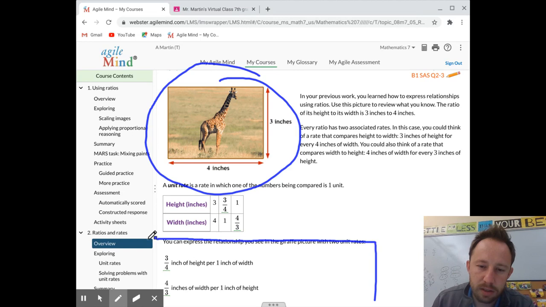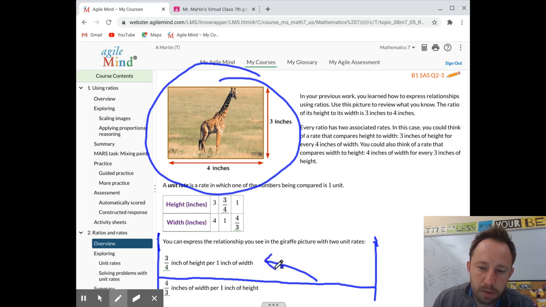We're on question 3, right? Correct. And it tells us what to do right here. You can express the relationship using the giraffe picture with 2 unit rates. All right. So say this one for us. Which one, the top or the bottom? Top.